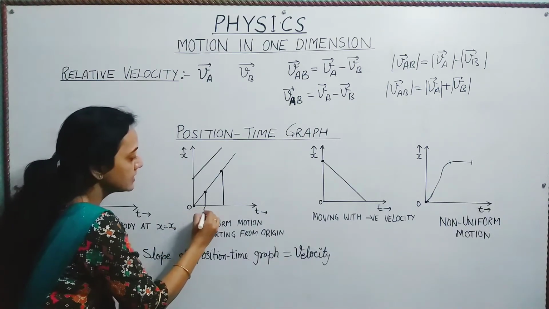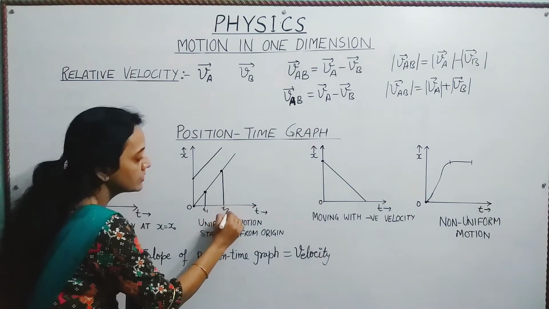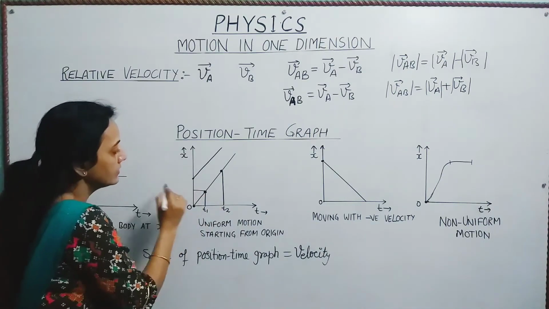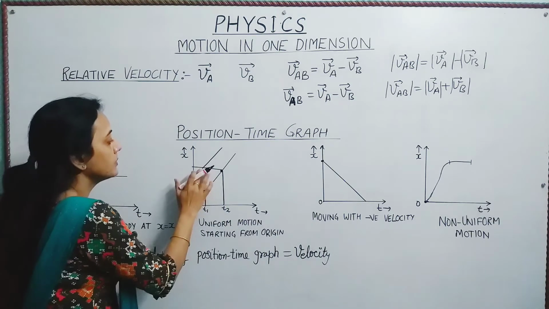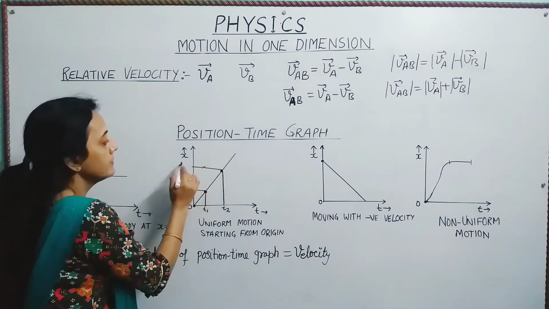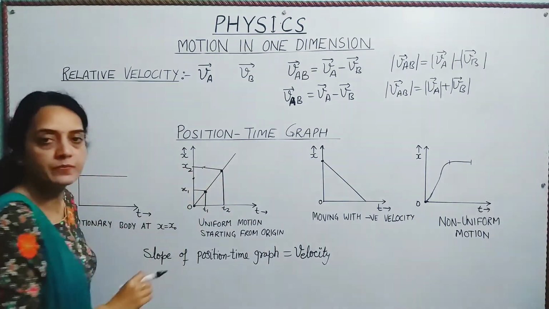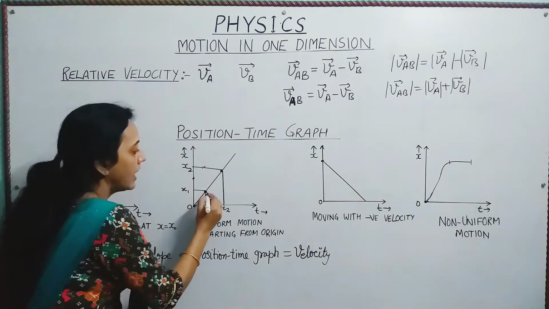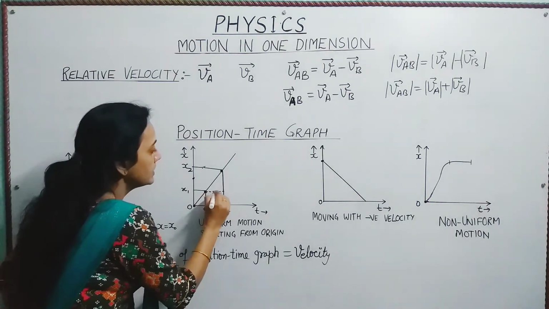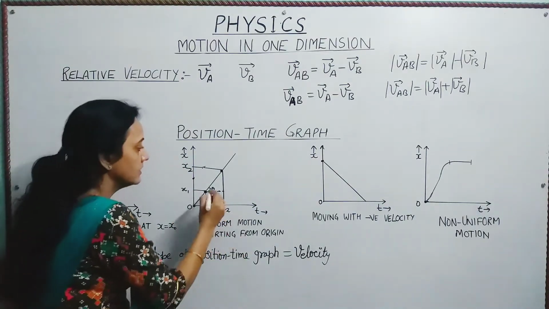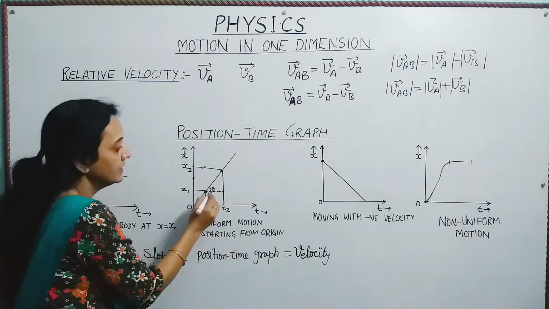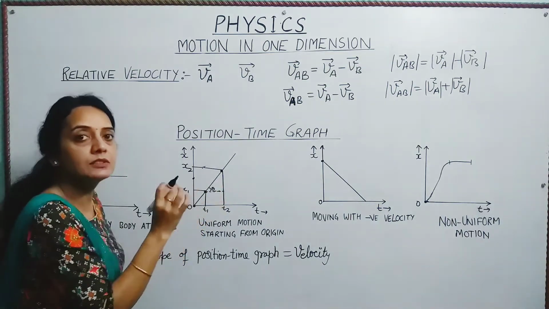Let us say this corresponds to time t1, this corresponds to time t2. Now this corresponds to position x1. Let us say this corresponds to position x2. So how do we find the slope? Slope is simply tan, if I show it by theta, tan theta is the slope.